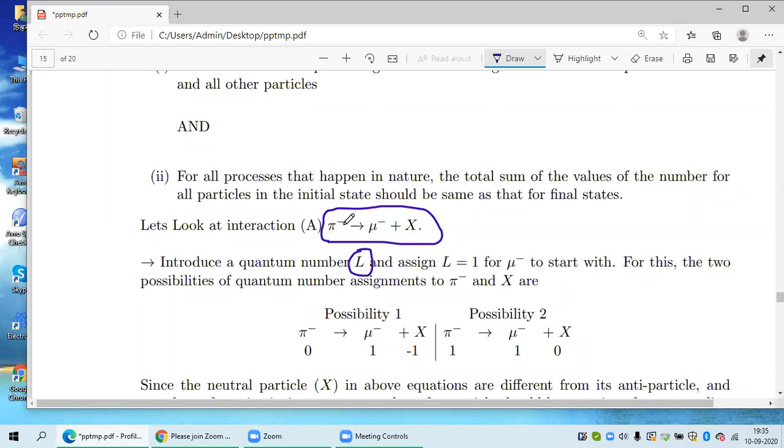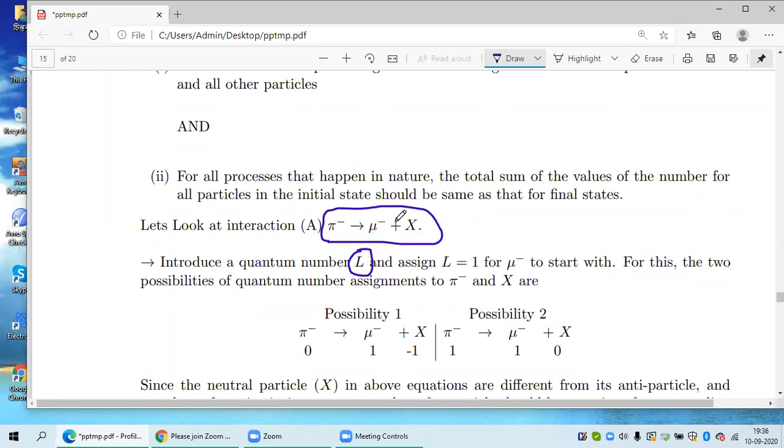Charge is already conserved, but since X is different from X bar, we need another quantum number. So I take that quantum number L, which should be positive for X and negative for X bar. Clear? By this quantum number L, I can differentiate between X, this neutral particle, and its antiparticle, because they are experimentally proved to be different particles.